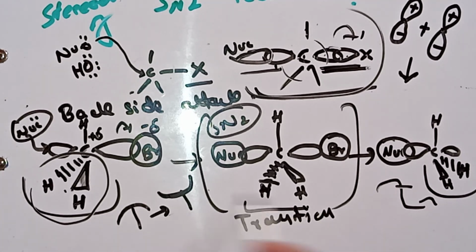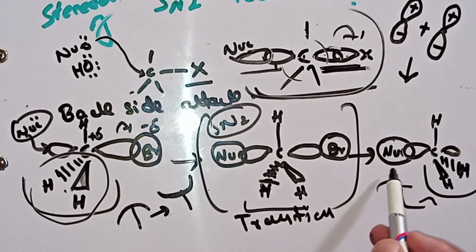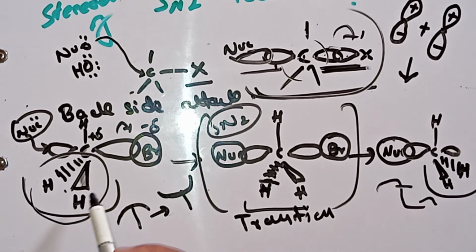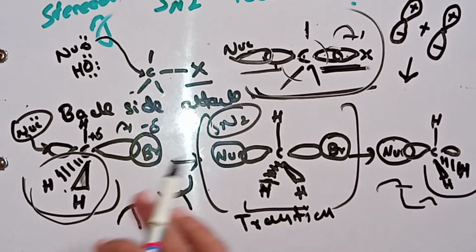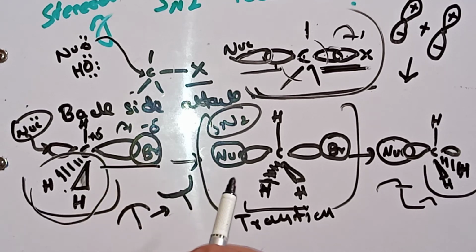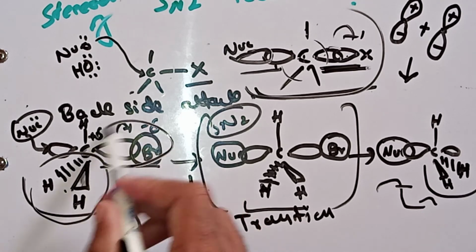In the product, the nucleophile assumes a stereochemical position opposite to the position of the leaving group that was originally occupied.